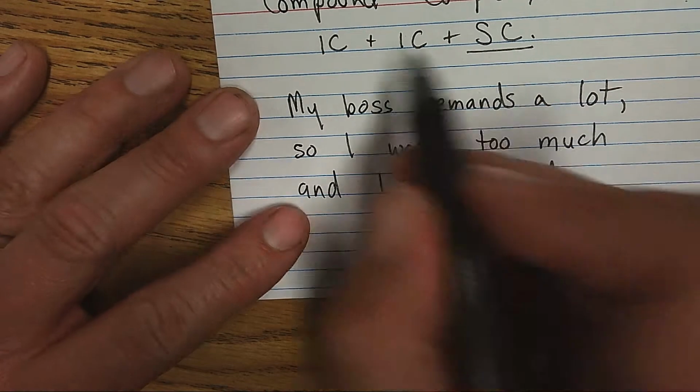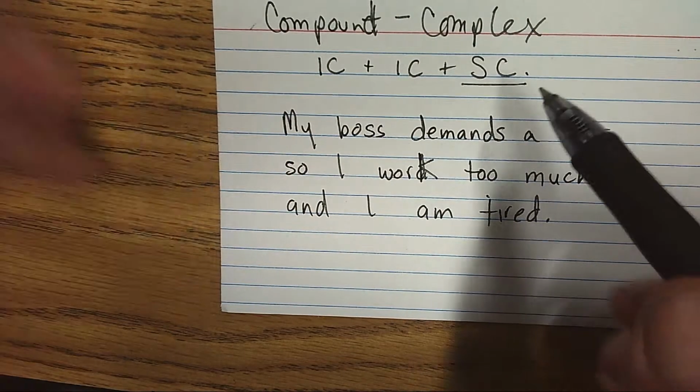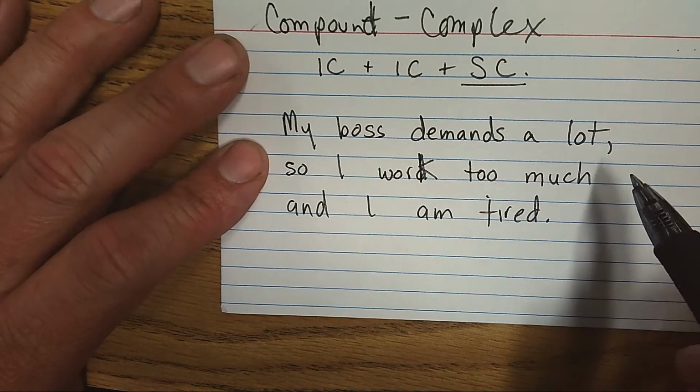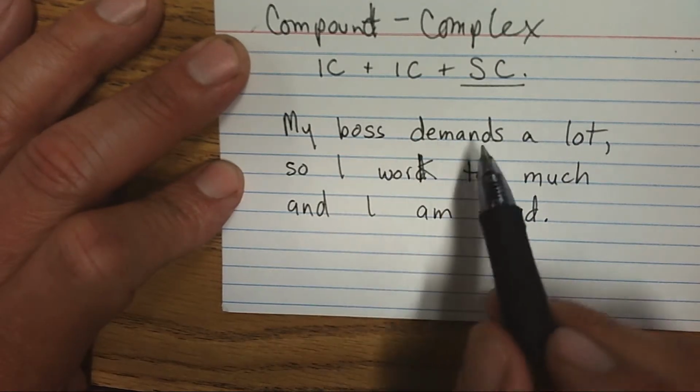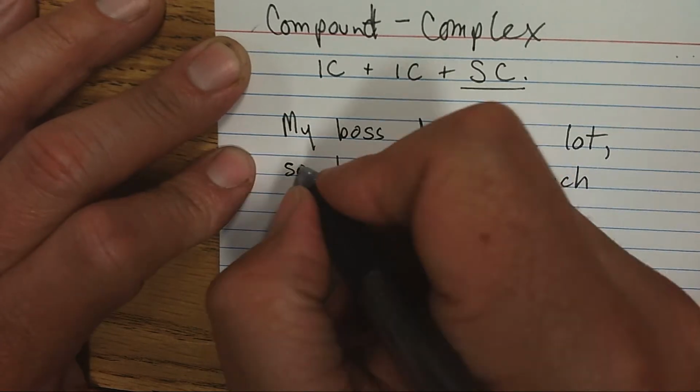So let's use a different sentence structure like the one I'm trying to explain. How about, because my boss demands a lot, I work too much and I am tired. That sounds good.